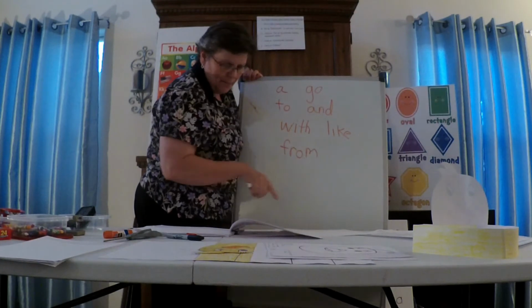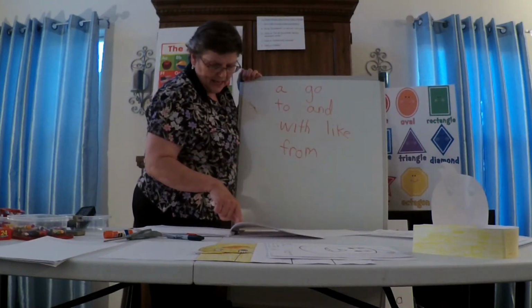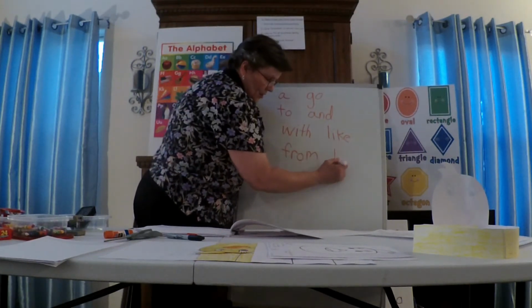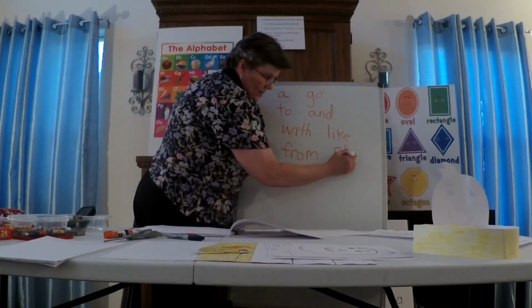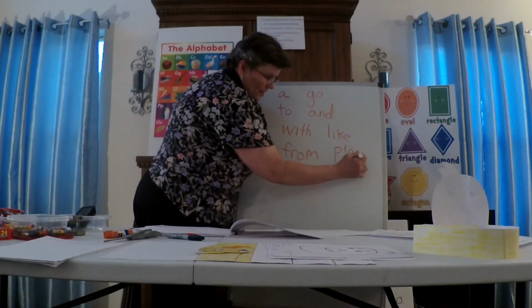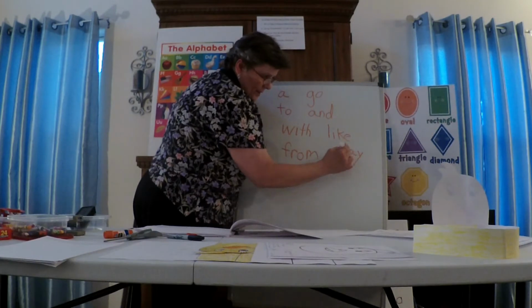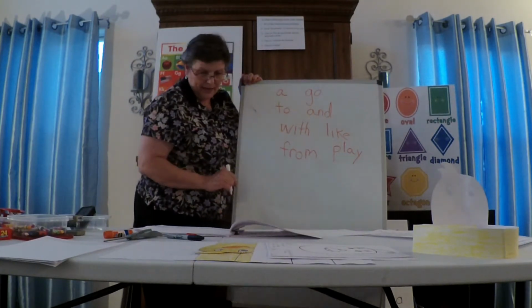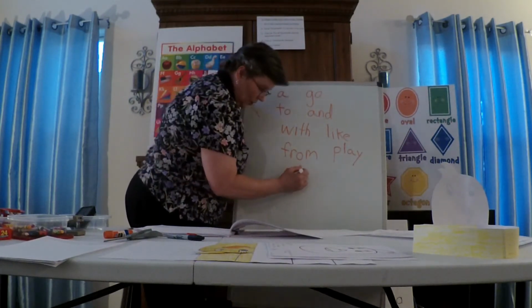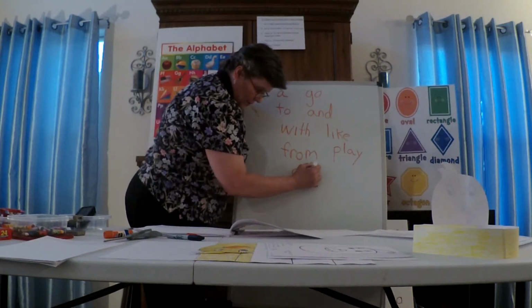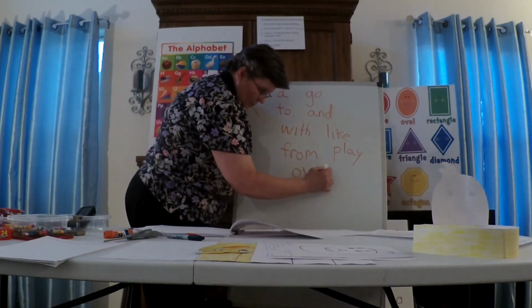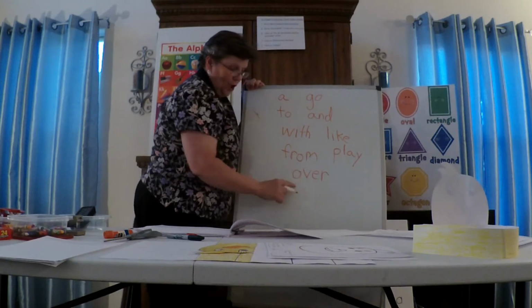Okay, so from, and then let's see. This one is in our book today. And this word is play. I like to play the piano. Okay, and last word. Over.